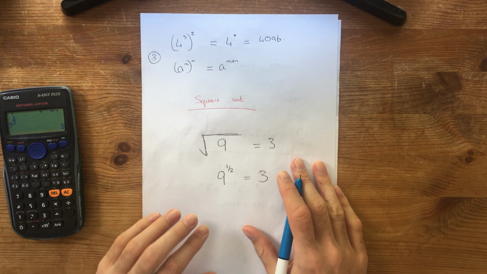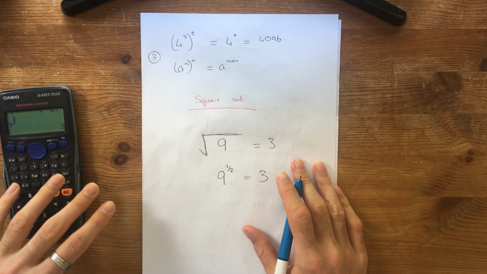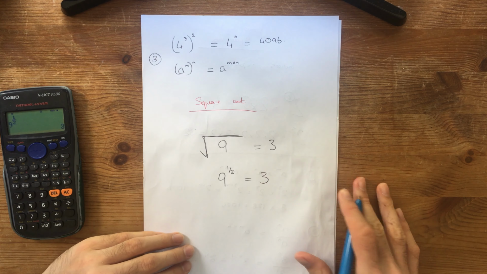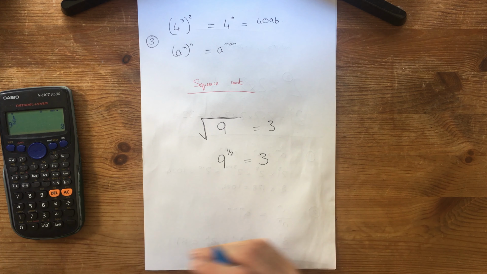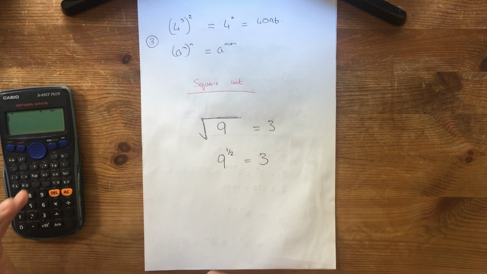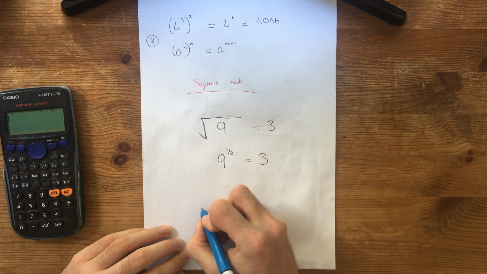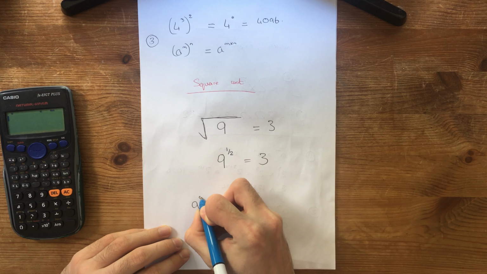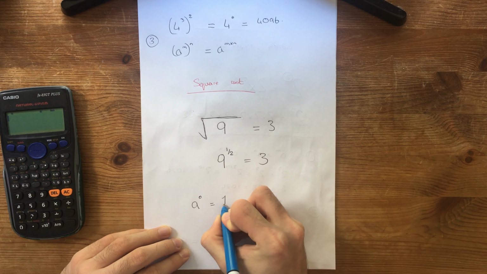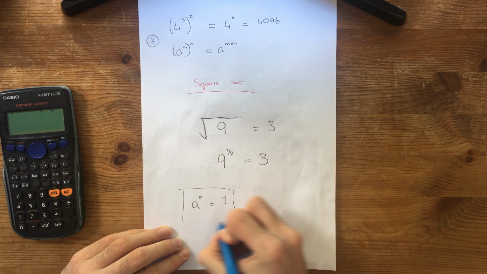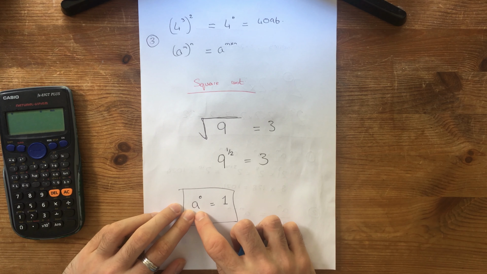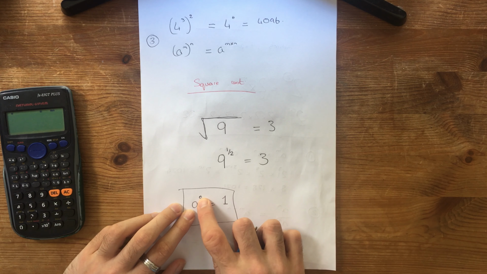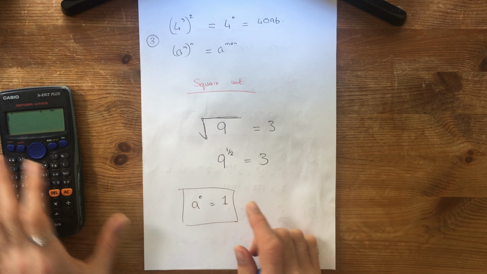So we have one other little thing we have to look at, and it's really important when it comes to powers. And it's a really quick trick that you won't have to do anything on a calculator to be able to figure this out. Is that a to 0 is equal to 1. Now what does that mean? That means any number, this could be 5, 7, 2000, whatever, to the power of 0 is going to be 1. And let's test that out.